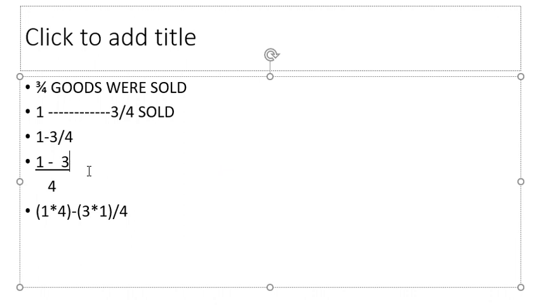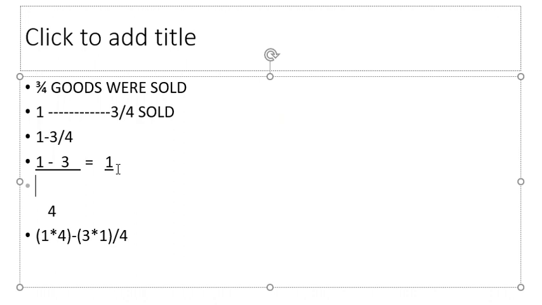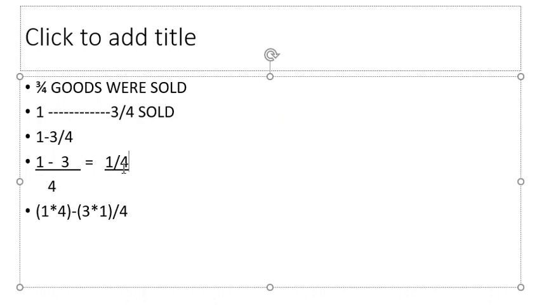When you find the LCM, the 1 is further classified as 1 divided by 4, which is 1 divided by 4 minus 3 divided by 4.